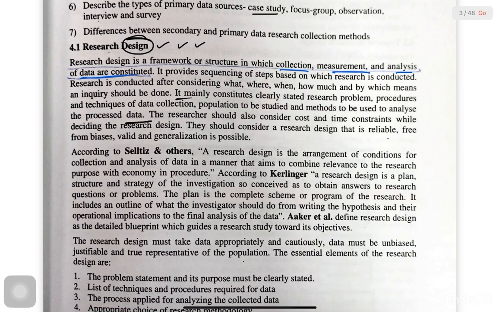Research design is basically the framework or structure in which the collection, measurement, and analysis of data is constituted. It mainly constitutes the clearly stated research problem, basically the hypothesis and the issue we are going to research about, the procedures and techniques of data collection, the population to be studied, and the methods to be used to analyze and process such data.